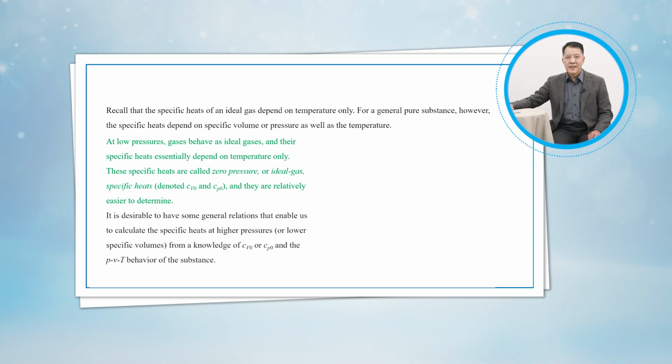It is desirable to have some general relations that enable us to calculate the specific heats at higher pressures from a knowledge of Cv0 or Cp0 and the PVT behavior of the substance.